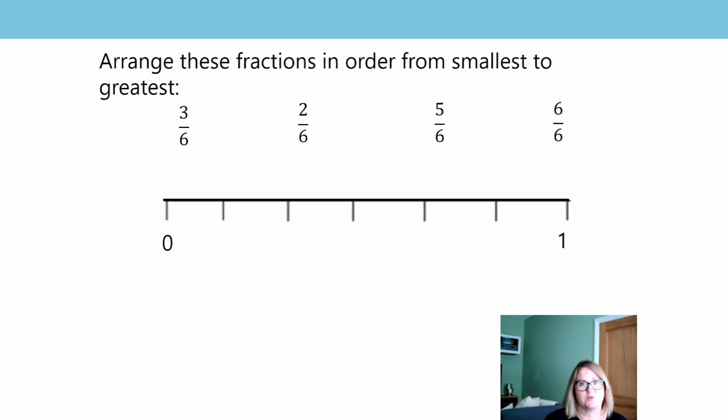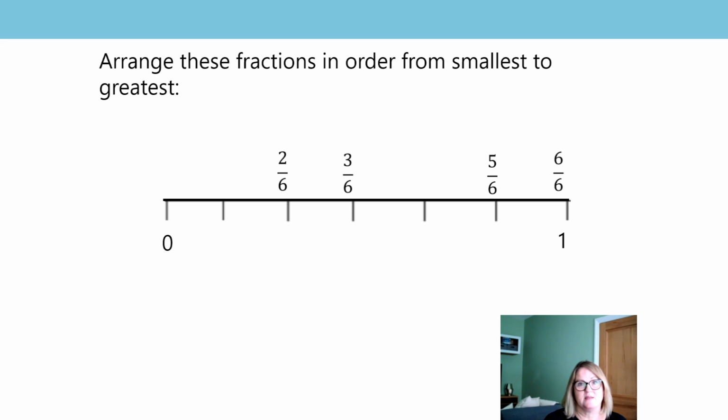They are all lots of 1/6. So let's think. Let's count along the number line to see where they might go. So we've got 0, then we've got 1 lot of 1/6, 2 lots of 1/6, 3 lots of 1/6, 4 lots of 1/6, 5 lots of 1/6, and 6 lots of 1/6, 6/6 or 1 whole.